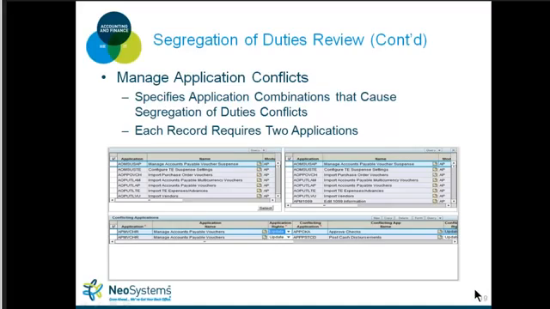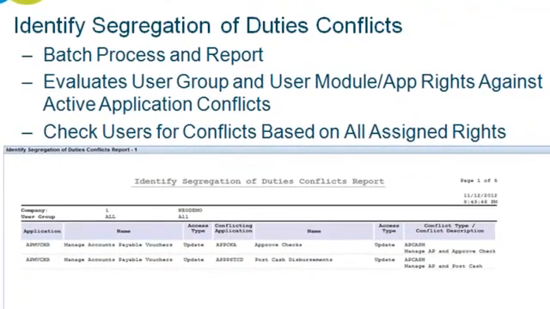So finally, the report. This is the report that's run, and this is actually a result of the process that will be run in prevent mode as well. So this evaluates all of your user group and user security from a cumulative level, and then reports back on conflicts based on what you have set up, what I've shown you.